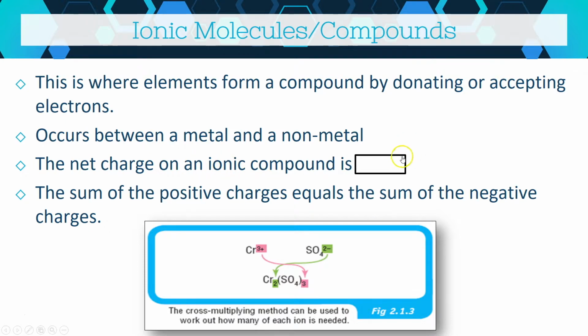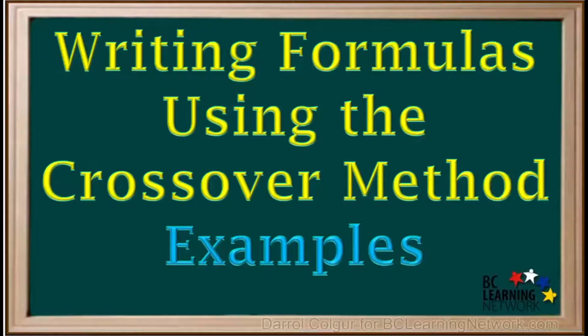The net charge overall in that ionic compound is going to be 0. So the sum of the positive charges equals the sum of the negative charges. However many positive charges you have is going to be equal in size to the negative charges. We've got a little diagram down here showing something called the crossover method. To get into the crossover method in more detail, we're going to watch a little video.